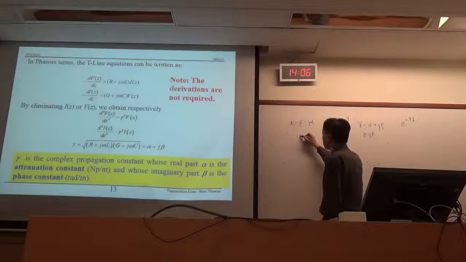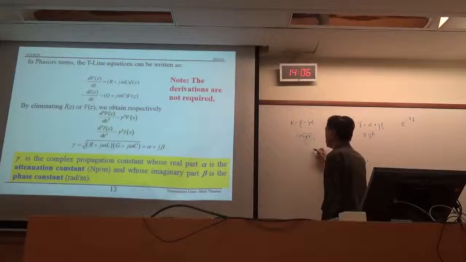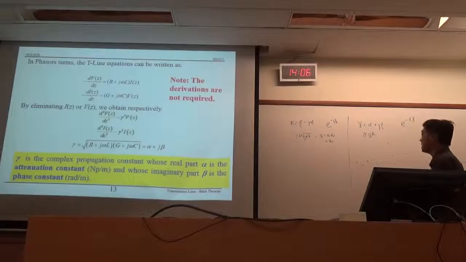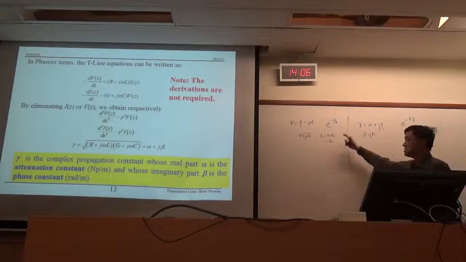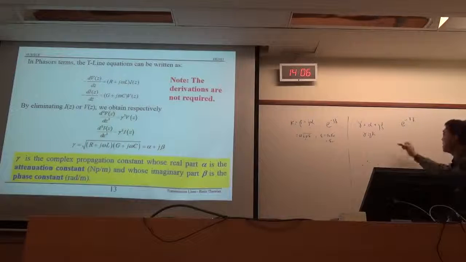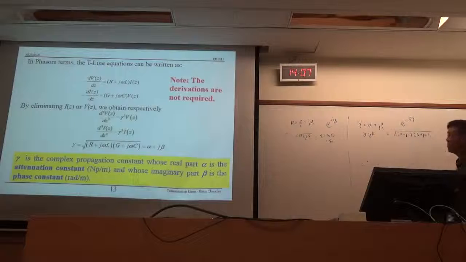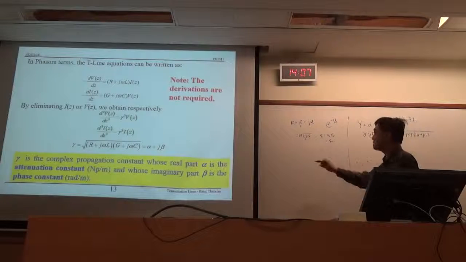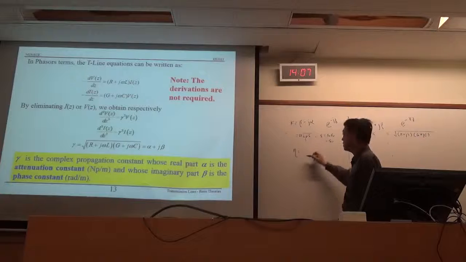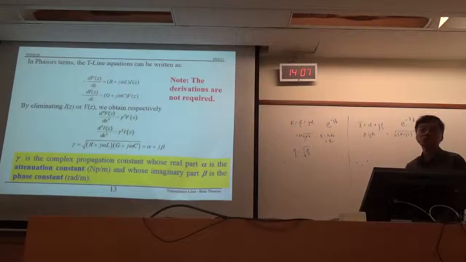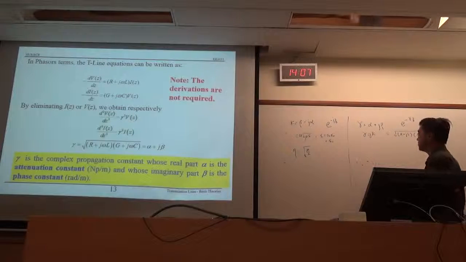Alright, and k is equal to omega square root of mu epsilon. Epsilon can be equal to epsilon naught epsilon r, or it can be equal to epsilon c, so it can be either one of these depending on whether it's a lossless medium or a lossy medium. But gamma is equal to the square root of R plus j omega L times G plus j omega C. And for wave propagation, we also have eta, which is equal to the square root of mu over epsilon. Then what do we have here for Z?